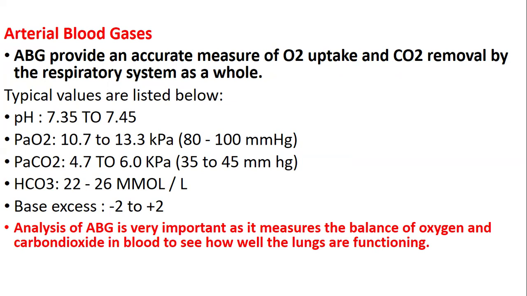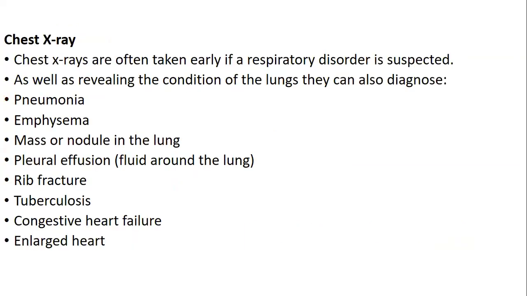Arterial blood gases are very important. They provide an accurate measure of oxygen uptake and carbon dioxide removal by the respiratory system. Okay. It also shows the balance between oxygen and carbon dioxide so that you have an idea of how well the lungs are functioning.